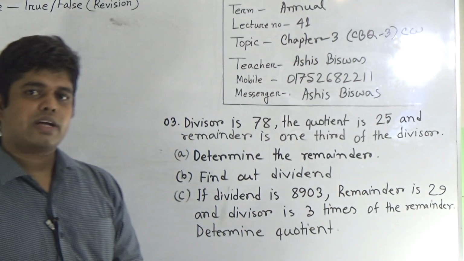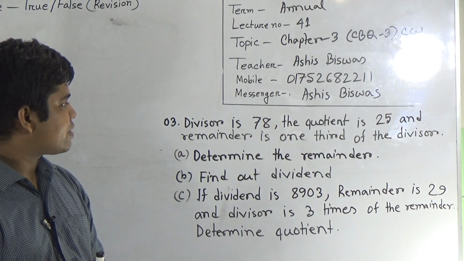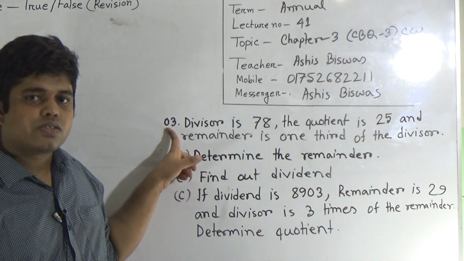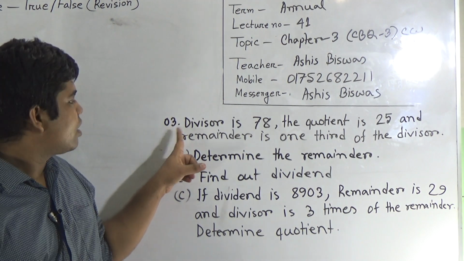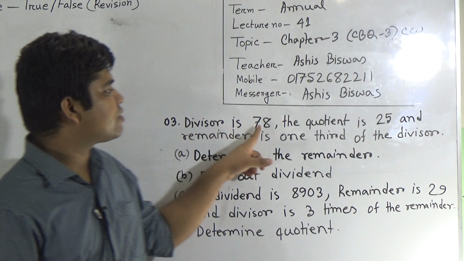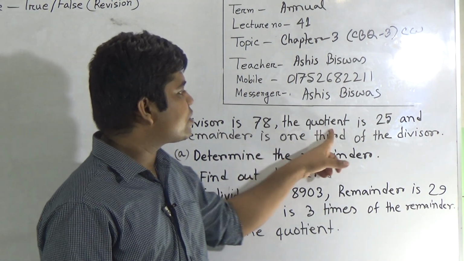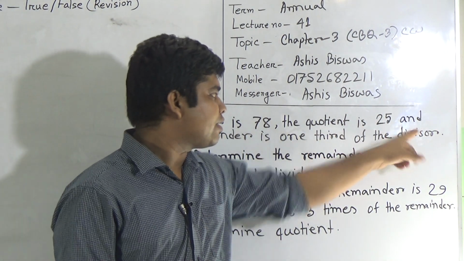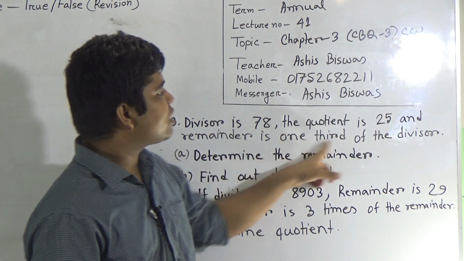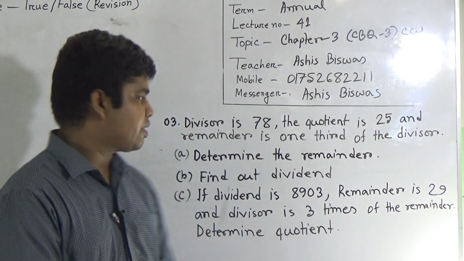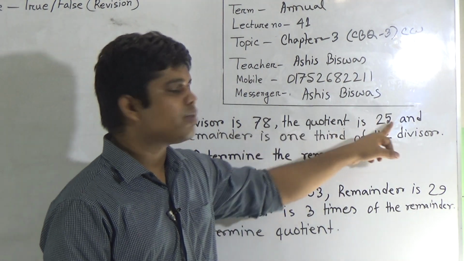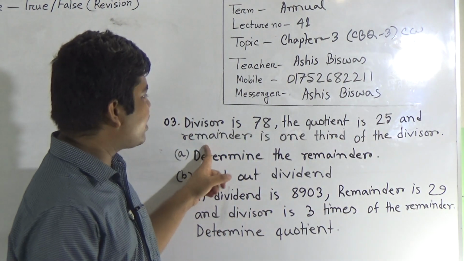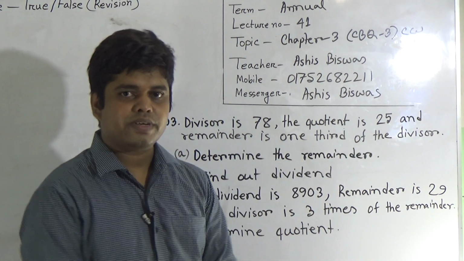Before starting our class, at first we read the question. Notice C.B.Q number 3. It is a very easy question. We have already done this kind of math many times. Question number 3: Divisor is 78, the quotient is 25 and the remainder is 1/3 of the divisor.